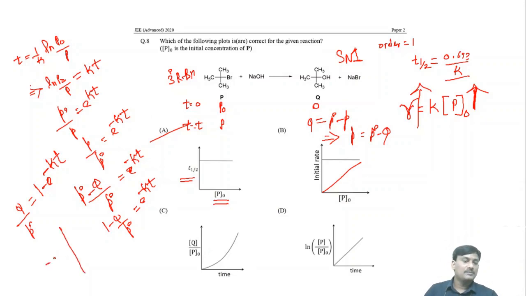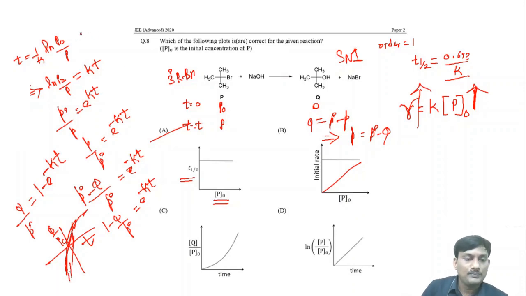If you take time and Q by P naught, this graph will be like this. So this is not correct. C is not correct.